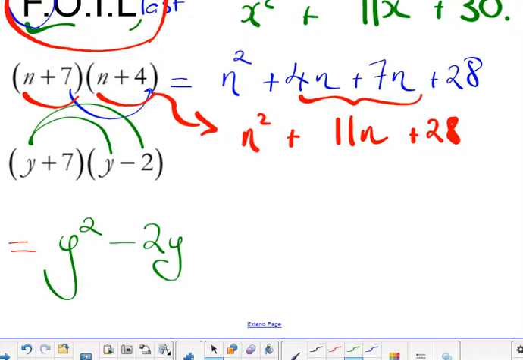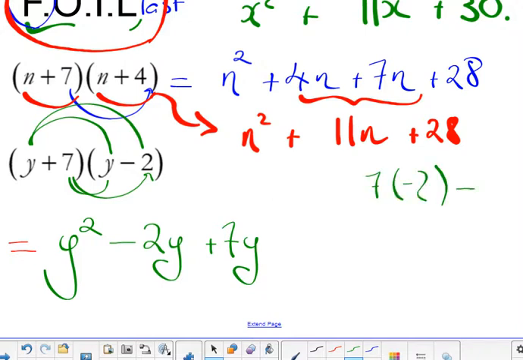What's the next one we come to? We come to the inside, which is 7y, so we'll write that as plus 7y. That's a positive quantity. And then L for last, we've got 7, and really think of it as being 7 times negative 2. And of course, 7 times negative 2 is going to be negative 14. So we can write that as the subtraction of 14.